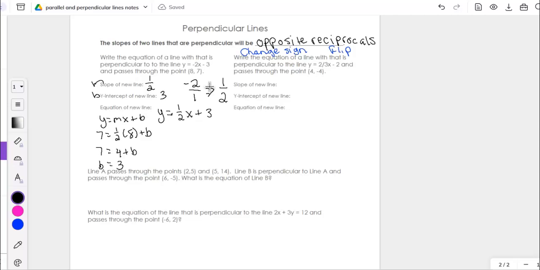All right, next one: write an equation of a line that is perpendicular to the line y = 2/3 x - 2 and passes through (4, -4). So 2/3 is going to become, flip it and change the sign, negative 3/2. That's my slope of my new line. Then I can do y minus y1, so y + 4 = -3/2 (x - 4).